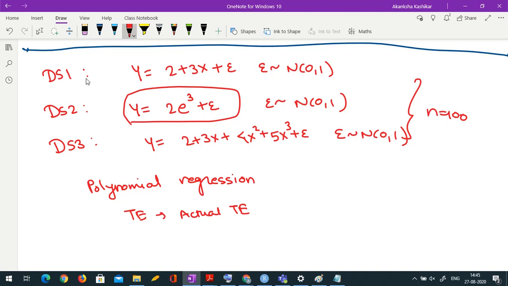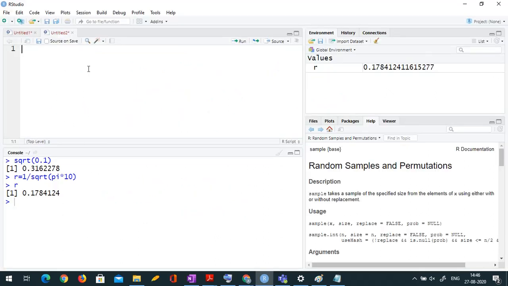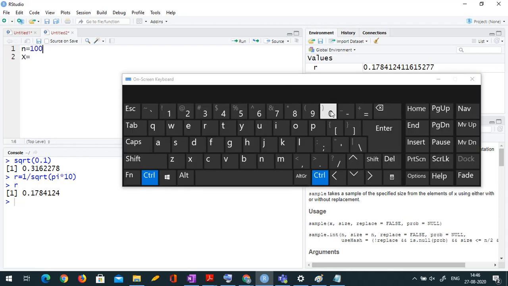Okay, so let us try doing this in R. So let me take the same x in each case. So n is equal to, say, 100, and then let me construct a separate test set consisting of 20 observations. So test set size is 20.